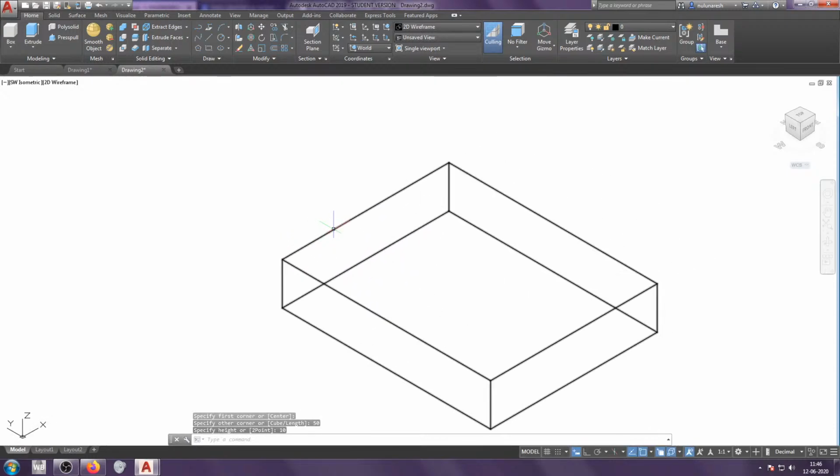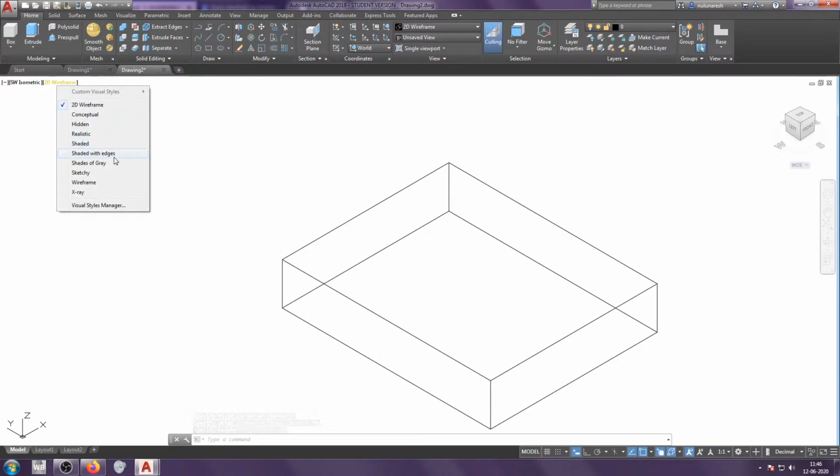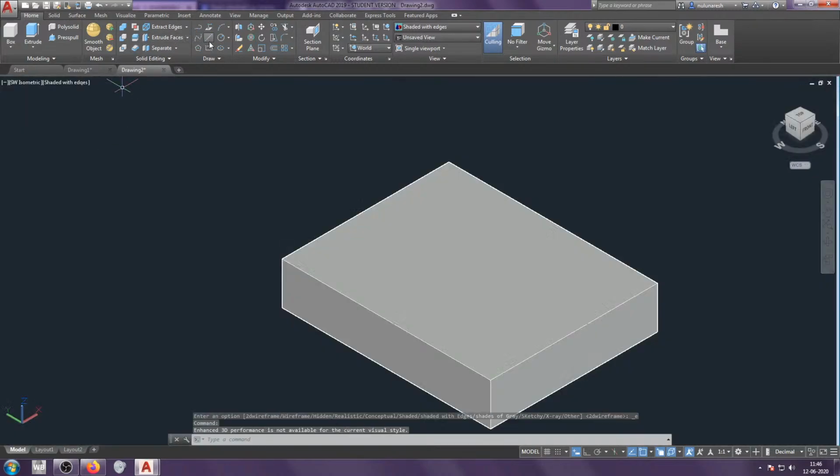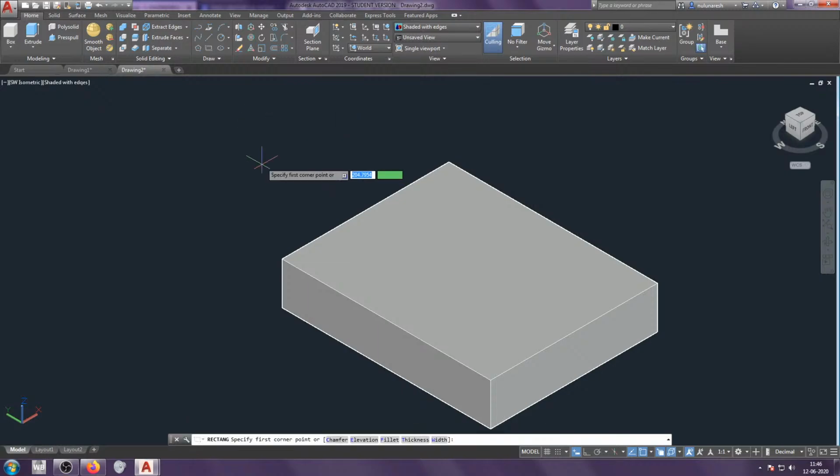Now I'll go to the shaded with edges mode. Now I'm going to create a rectangle, or otherwise I can take the, it is not giving any specific ideas. I'm going to take this line.